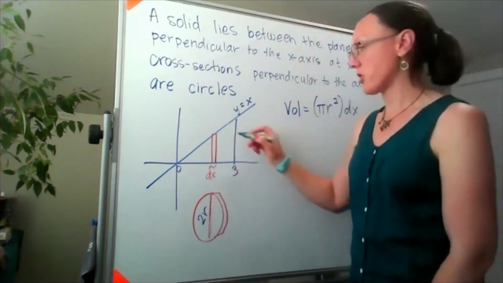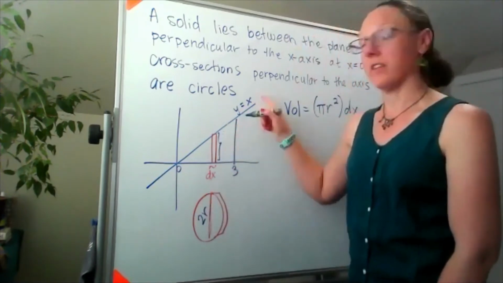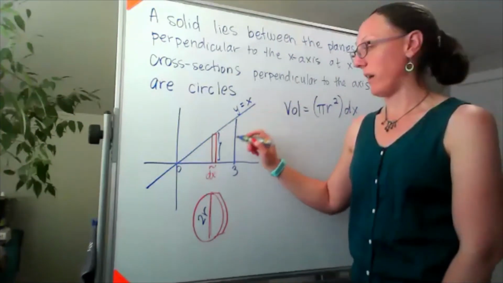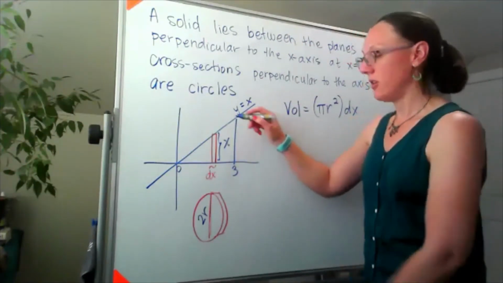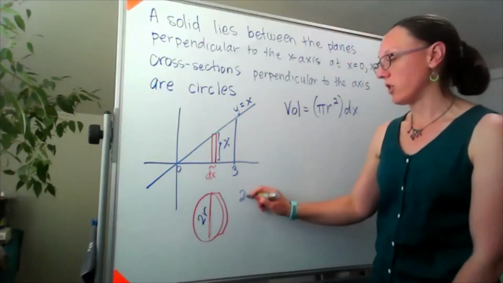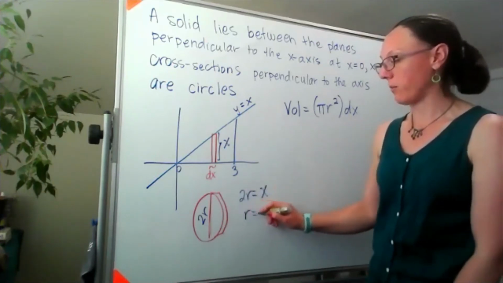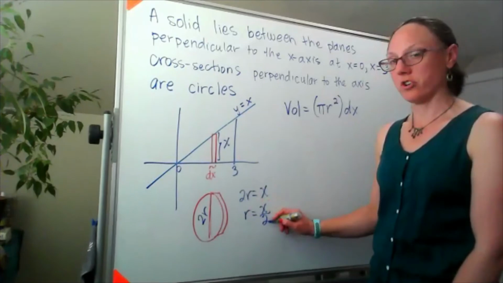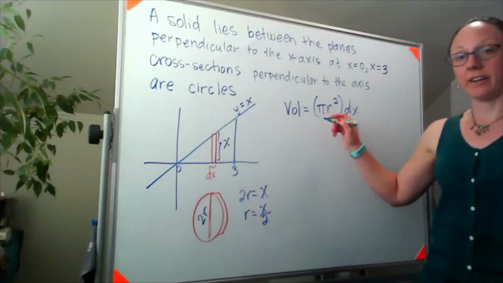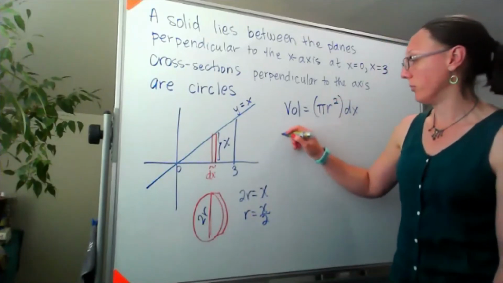And based on the picture, I would get that height by looking at the y value, and our y value is x. Relating those two, I know that twice the radius would be equal to x, or my radius is x over 2.